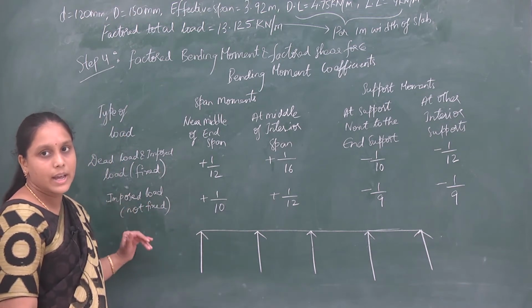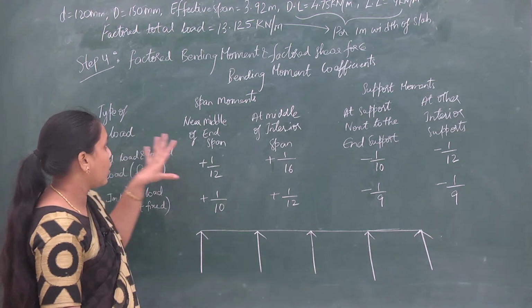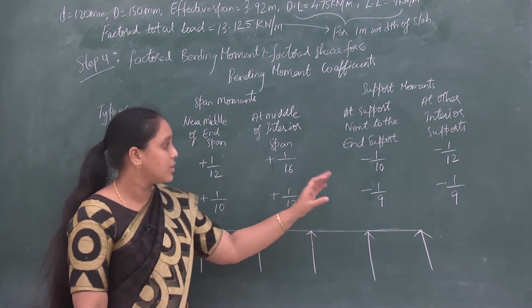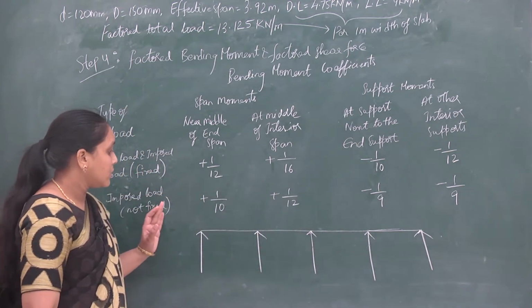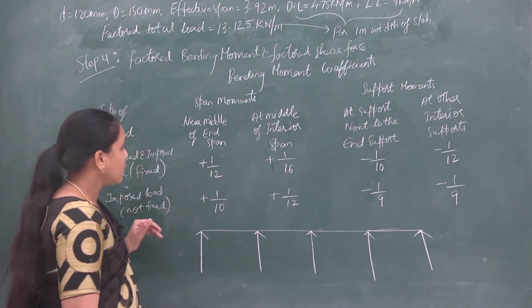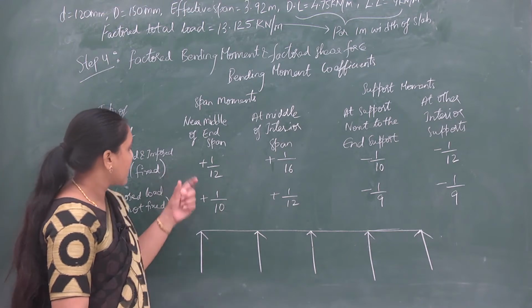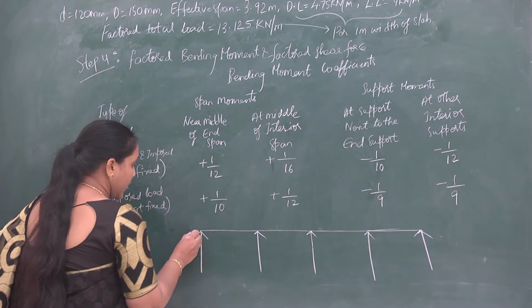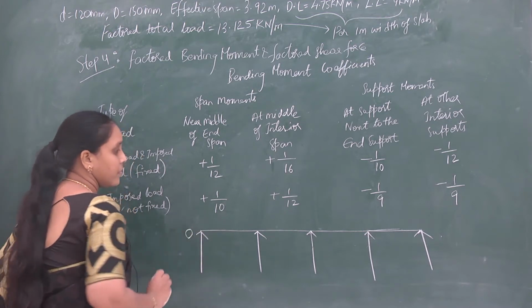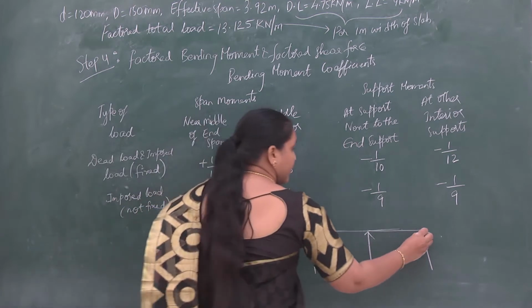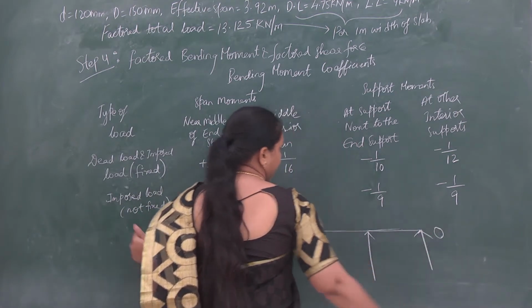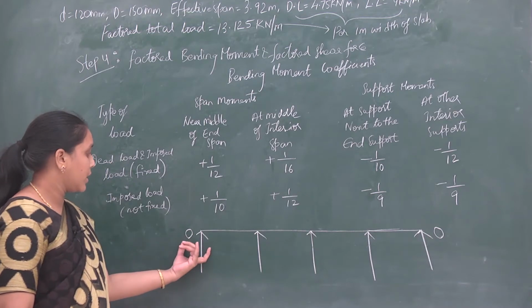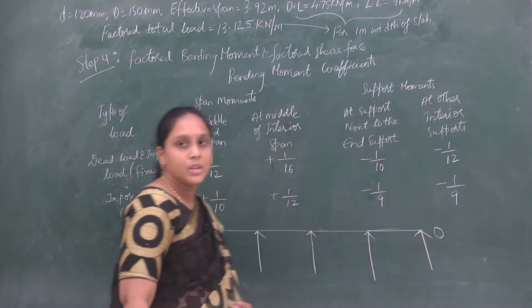We have the dead loads and live loads. The bending moment at this end support will be 0, and at this end support also will be 0, as we know already. So at the support the bending moment is 0.